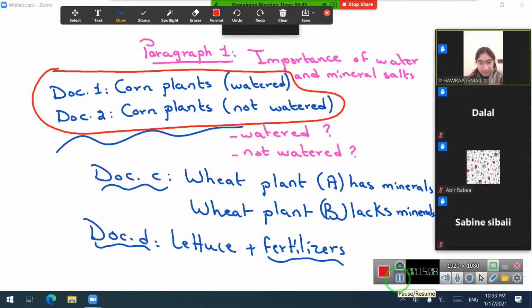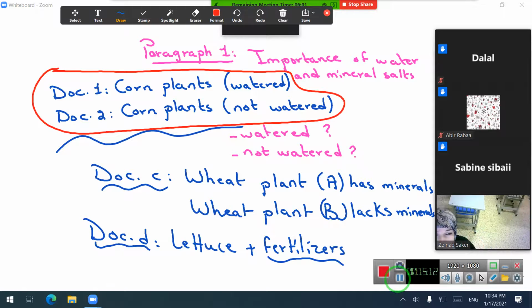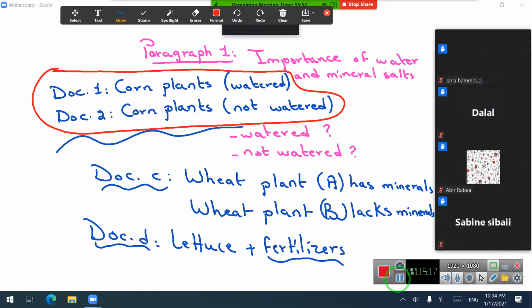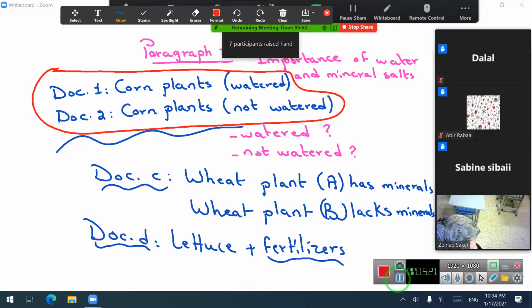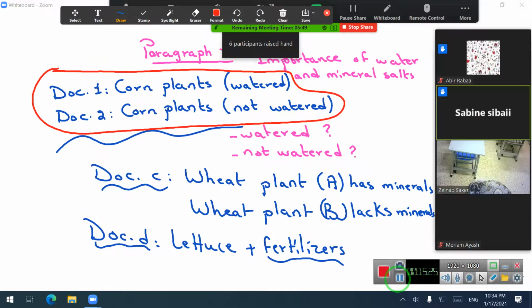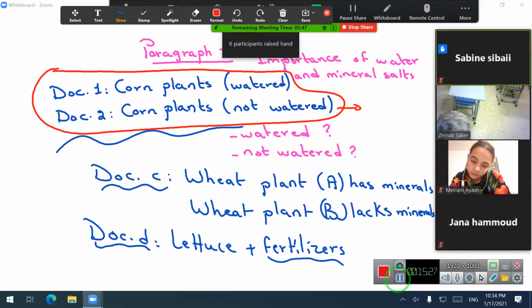Then they will grow. So if a plant is watered regularly, it will grow normally. Excellent. Now, what will happen, Sabine, if a plant is not watered? After 2 days, it will die. Excellent, it will die because it lacks water.